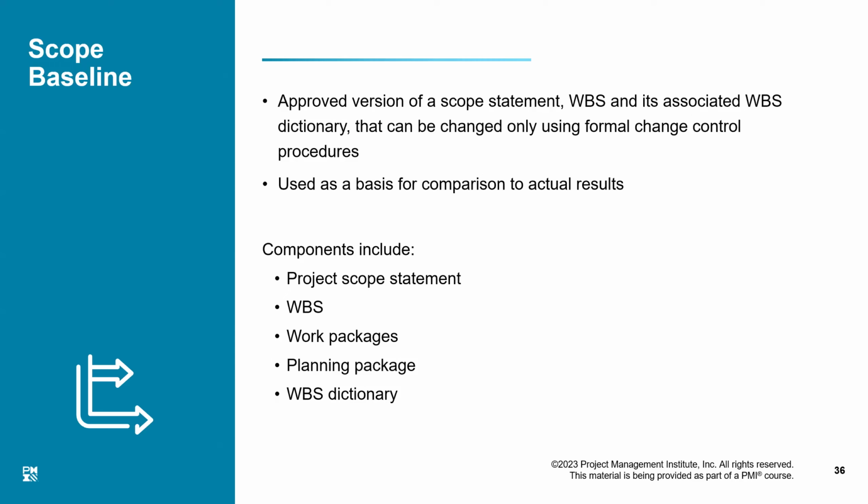That is the ultimate shape. The scope is approved, and once that is approved, the scope baseline is to be followed. If we are not following this baseline, then we have to move a change request so that the scope can be amended accordingly.